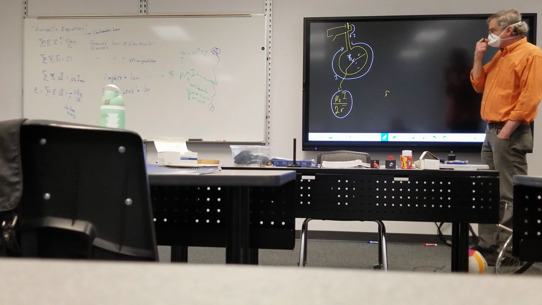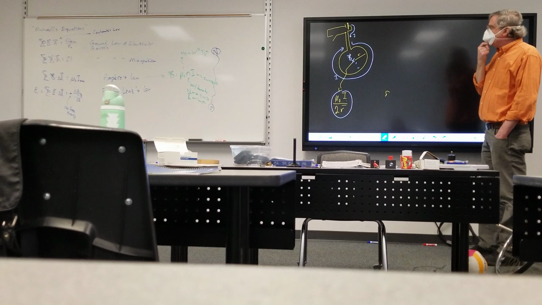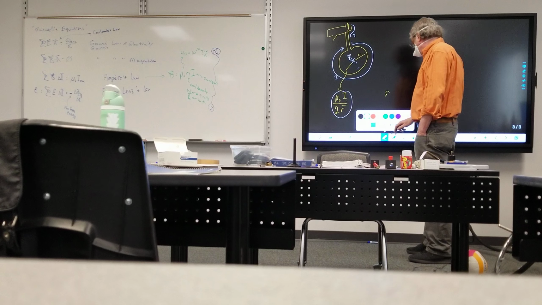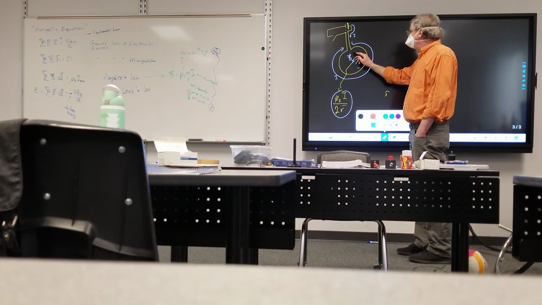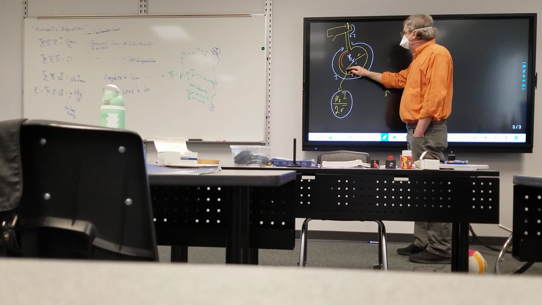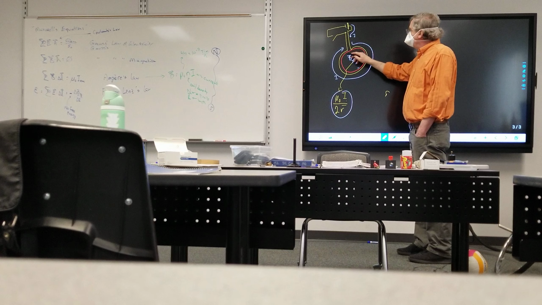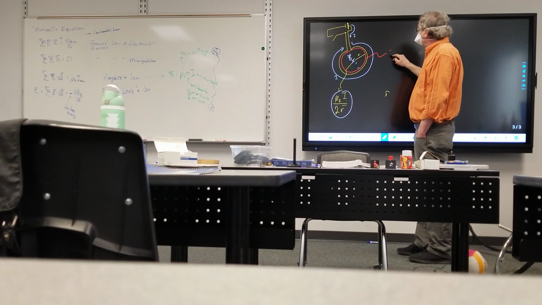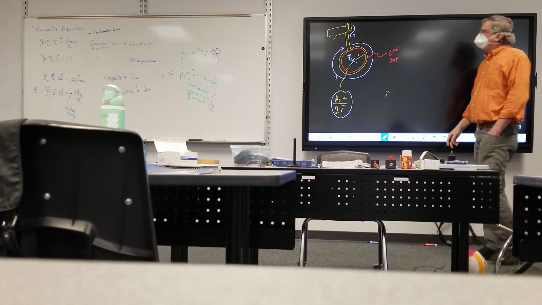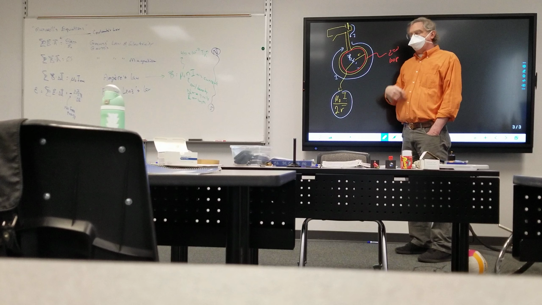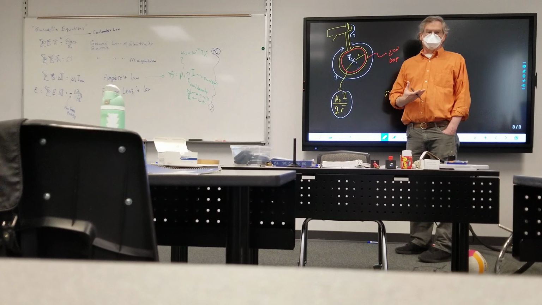Now, if I have a second wire that I have right here, a second loop. If I flip the switch here, I go from no magnetic field to having a magnetic field.